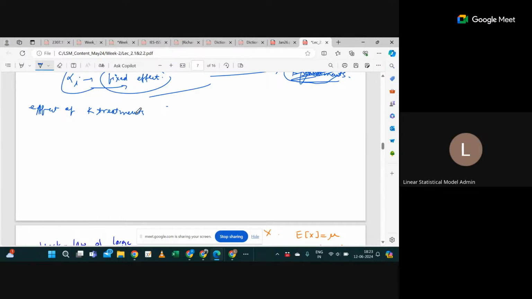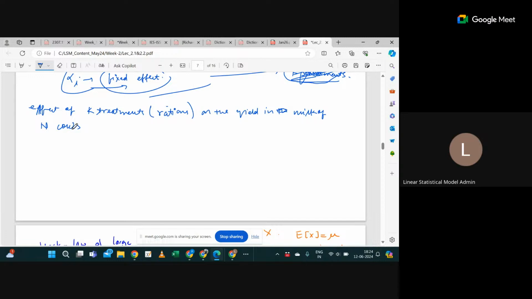So what is this treatment? Suppose, in the example I told, you have k different rations, for which I am interested to know the yield in the milk of, let's say, some n cows I have.